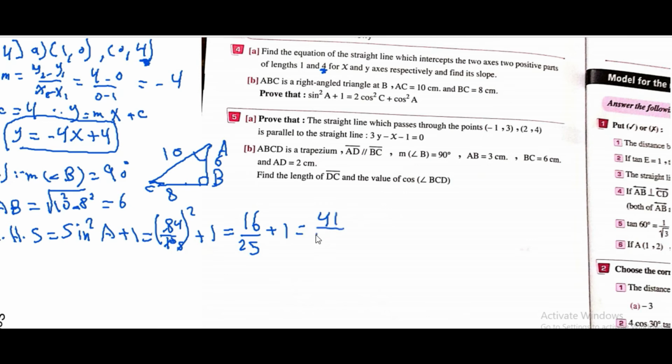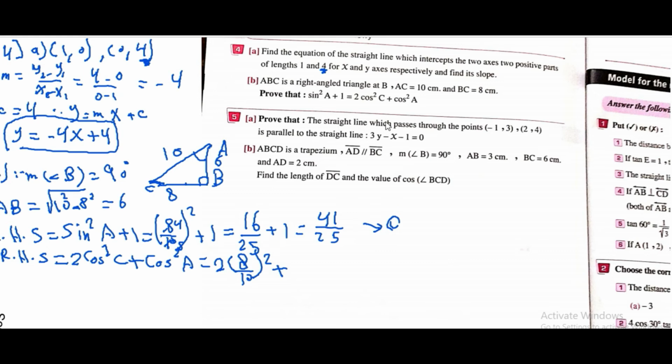The right hand side, RHS, equals 2 cosine square C plus cosine square A. Cosine C from the triangle is 8 over 10, all to the power 2, plus cosine square A, cosine A is 6 over 10, all to the power 2.